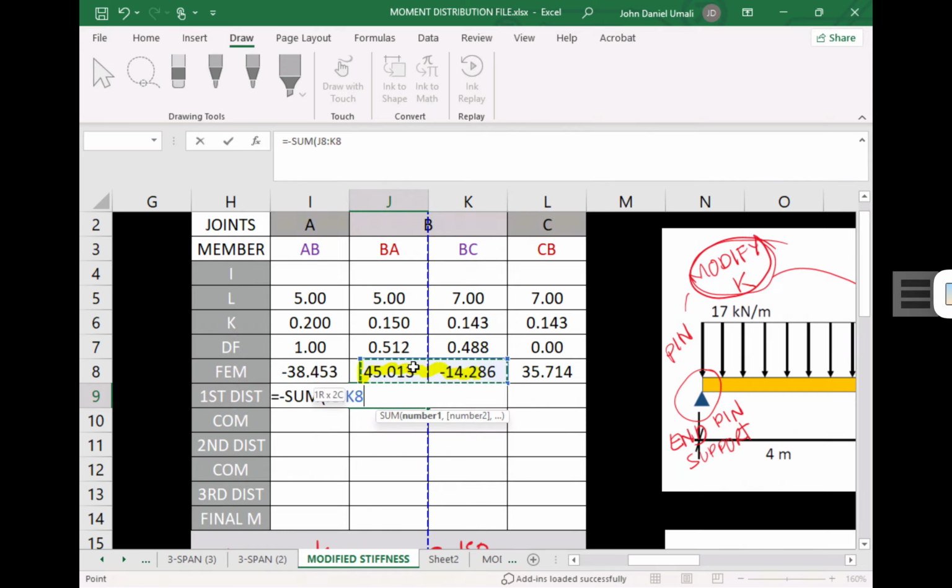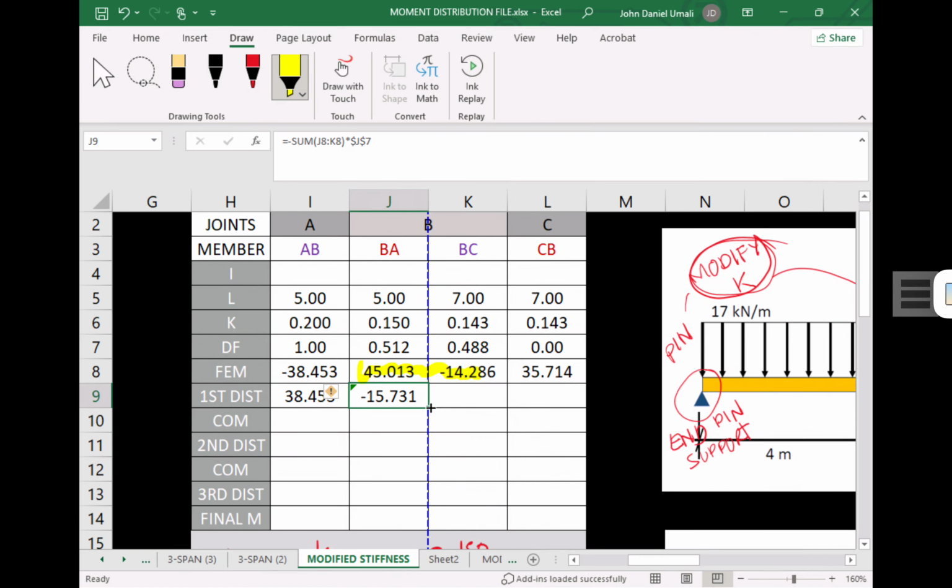Yan, dalawang yan, times the distribution factor, and we fix the location of the distribution factor sa Excel. So, dinalagyan ko ng $sign. Okay, so just press F4 para lumabas yung $sign.